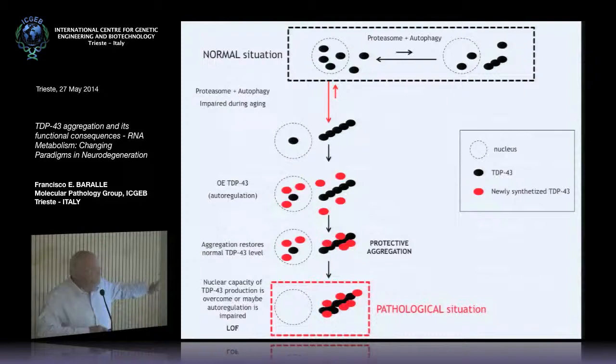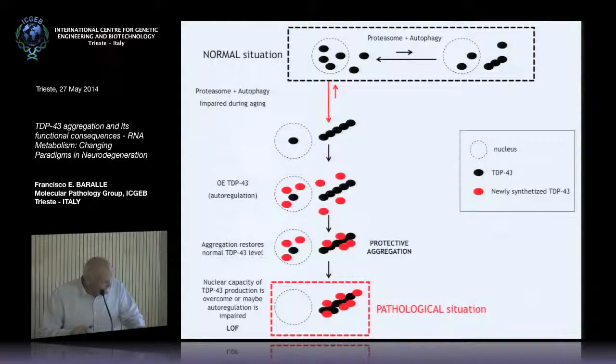So first step, aggregation is protective, and if your autophagosomes are working well, they wipe it out immediately. Something goes wrong with autophagocytosis or with TDP production, and then you start to get this situation until a critical point where you don't have any more TDP-43 in the nucleus.